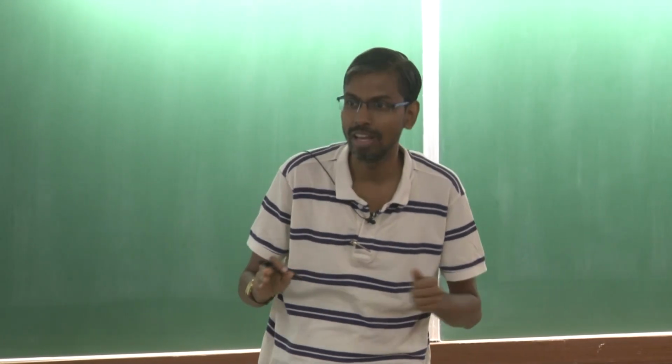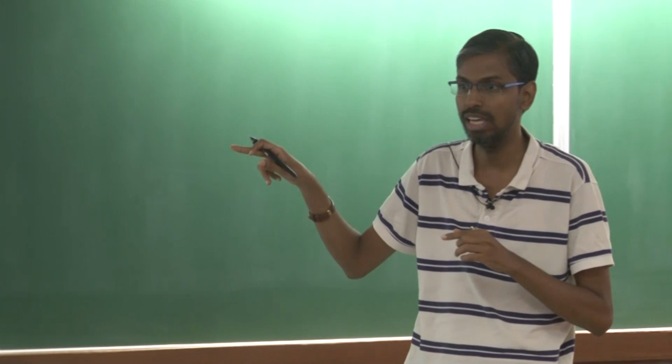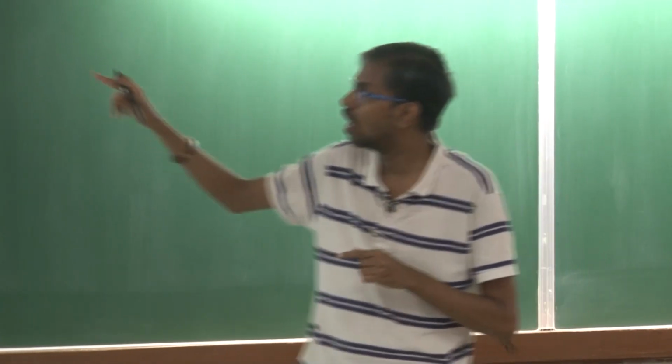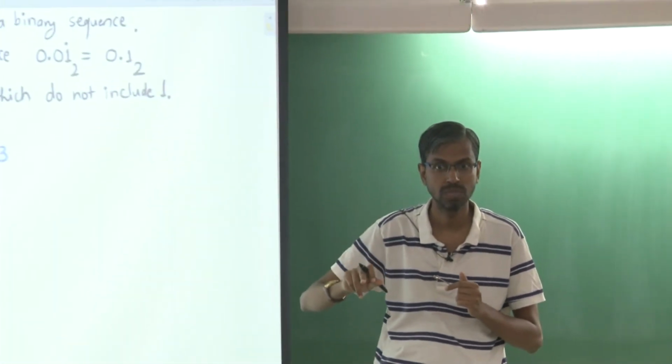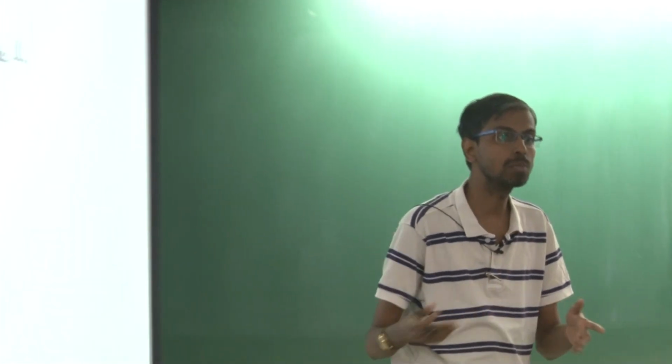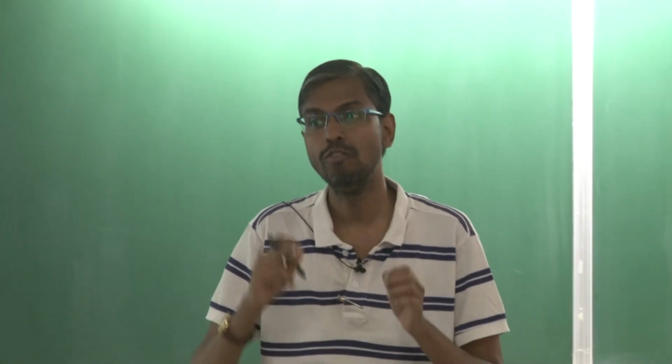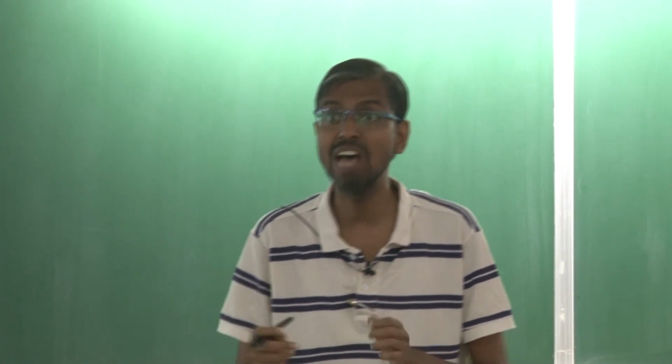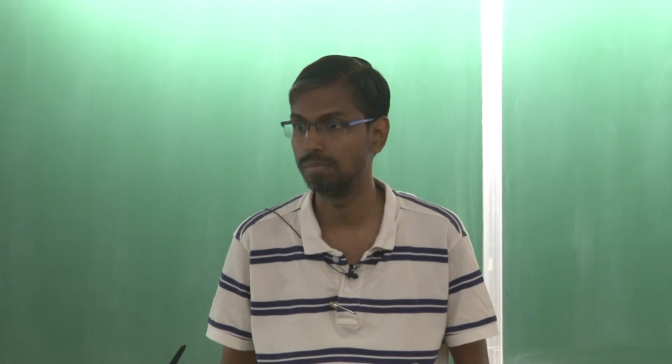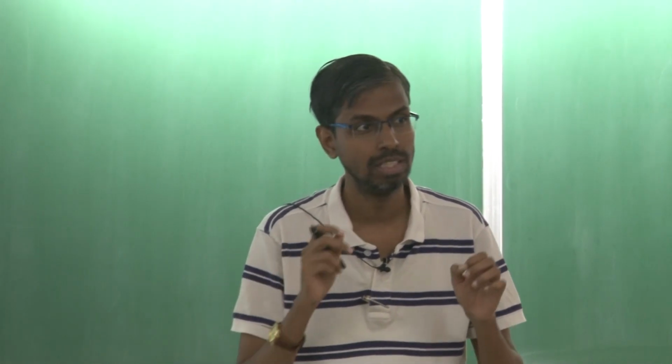We don't want to run into any problems, and in this way whatever numbers we can write down which have ternary expansions which avoid 1, that will be a one-to-one correspondence. Okay, so the real numbers which have ternary expansions which do not include 1 will have only one such expansion. Okay, I will repeat it and write it down.